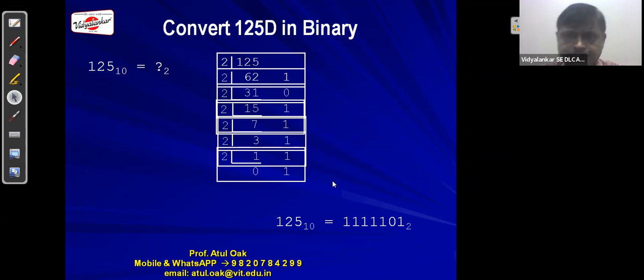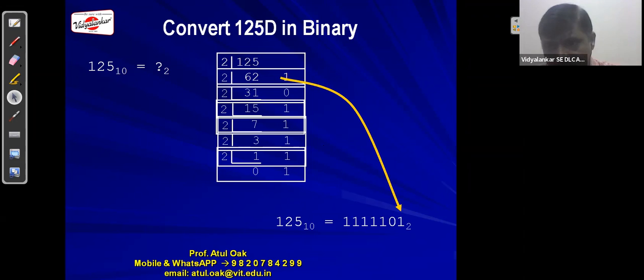Observe it. So if you see, I'm collecting all these bits from bottom to top. You can see 1 1 1 1 1 0 1.